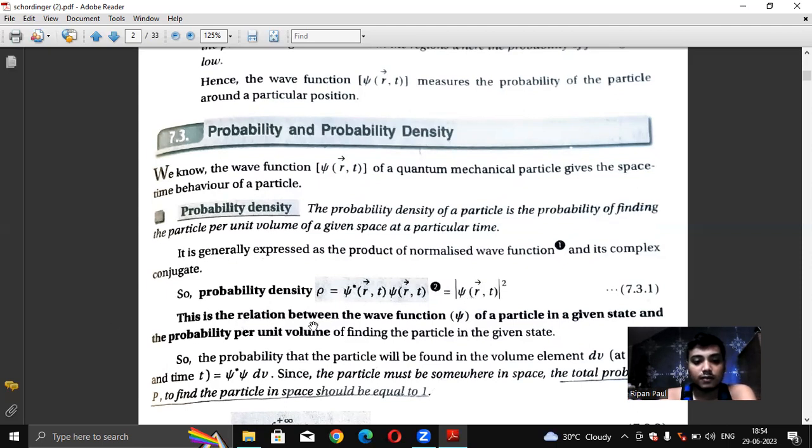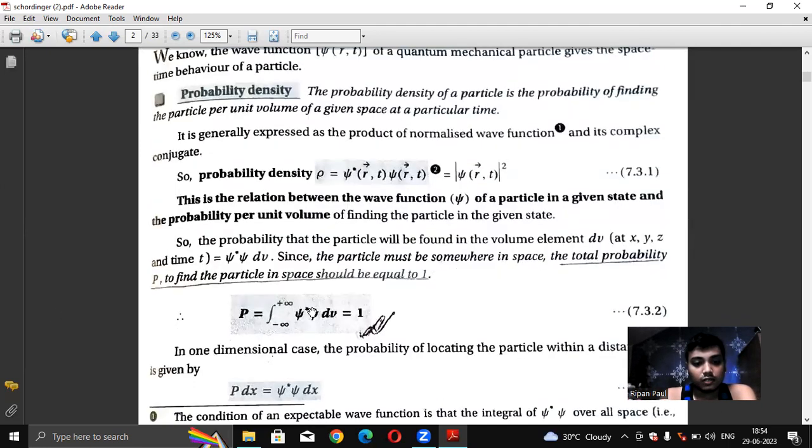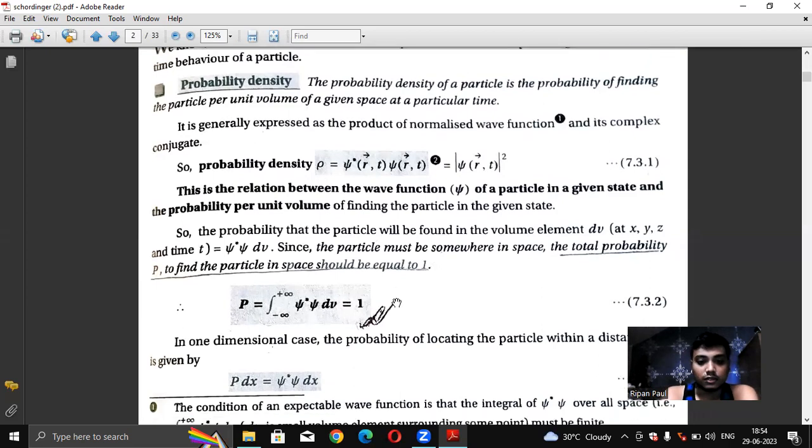There is one interesting fact: the integral from minus infinity to plus infinity is the normalization condition of the wave function. When a question is given to find the normalization, you may use this to find it. This is one interesting fact explained by Schrodinger.